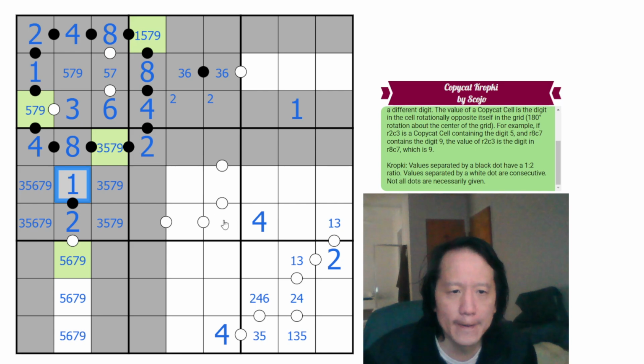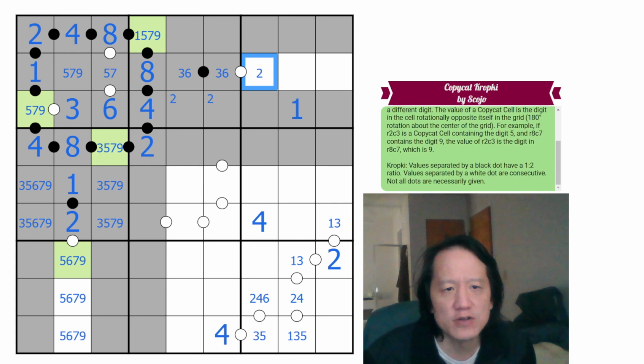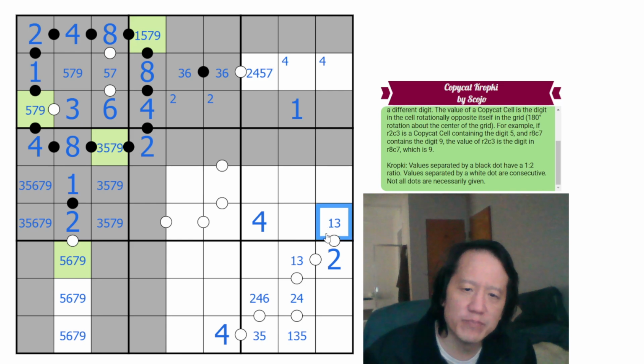Okay. This has to be what? A 2, 4, 5, or 7 in value. The 4 does have to be one of these two, because it can't be here. Oh, wait, hold up. This is not correct.